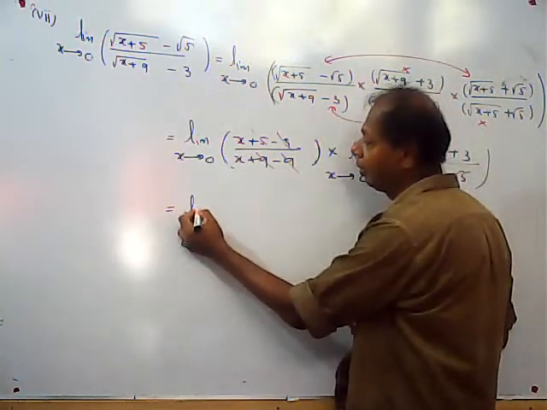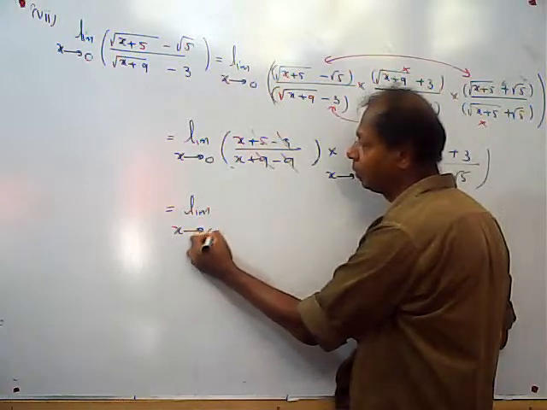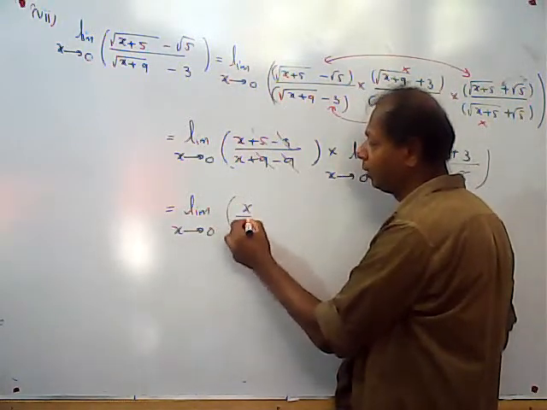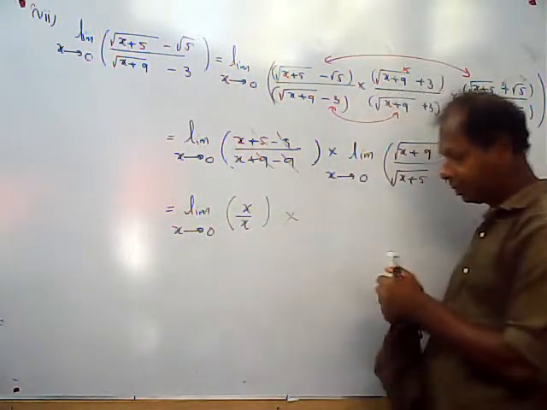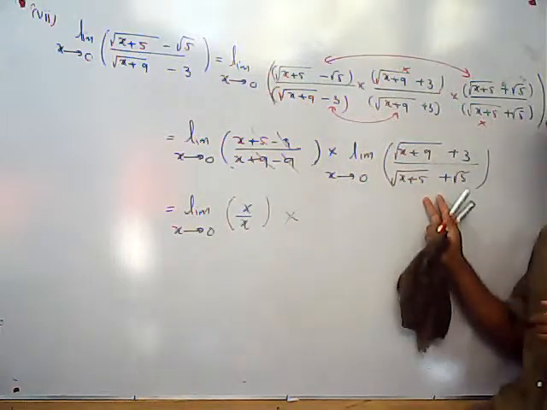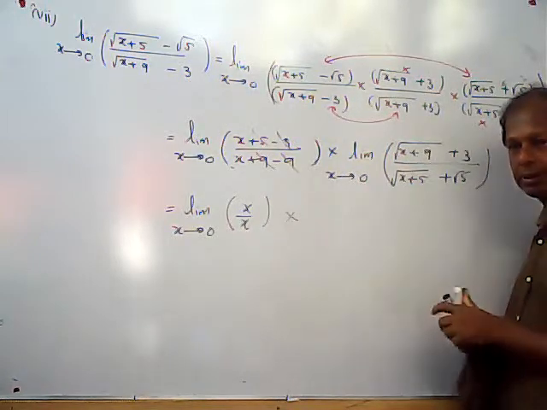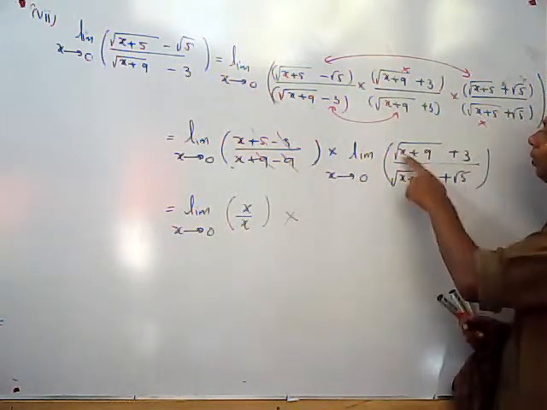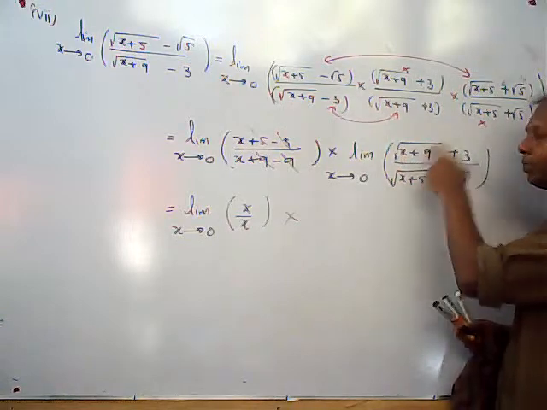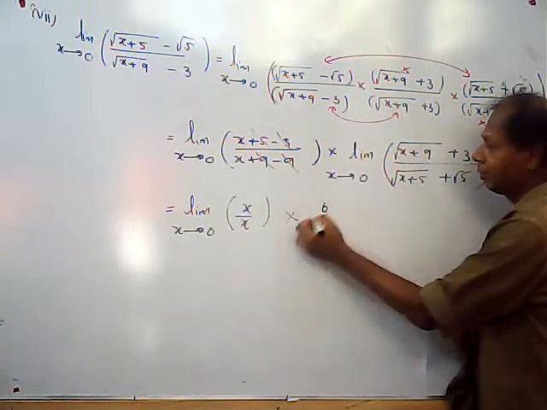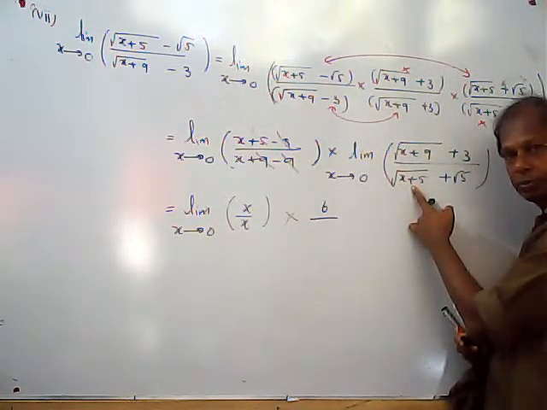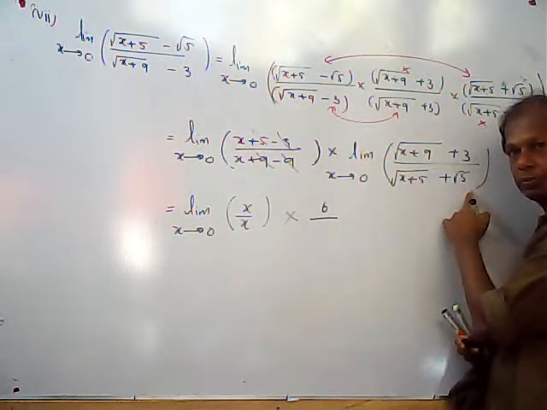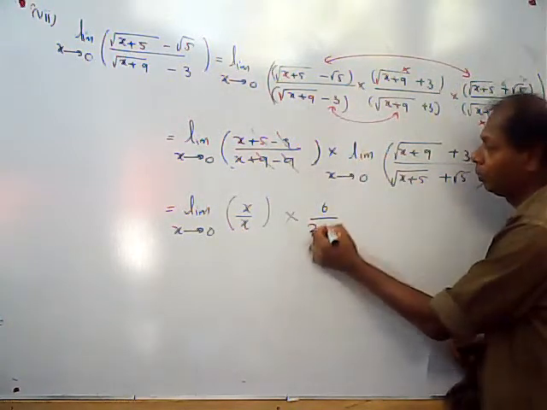Limit as x goes to 0 of x over x. And as we said earlier, we can take the limit of this part separately. So that will give, as x goes to 0, 3 plus 3, 6, divided by, as x goes to 0, root 5 plus root 5, which will be 2 root 5.